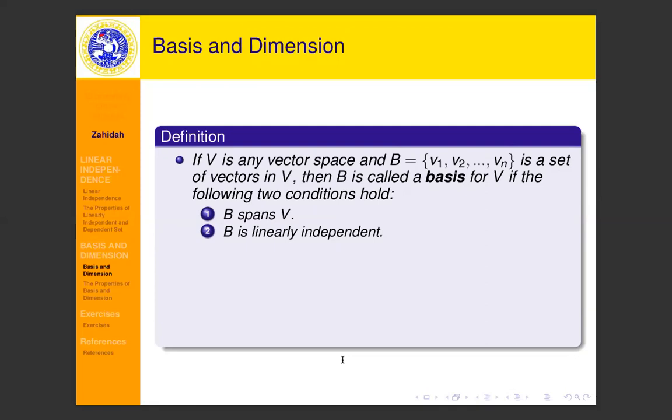This is our main topic today: basis and dimension. What is a basis?